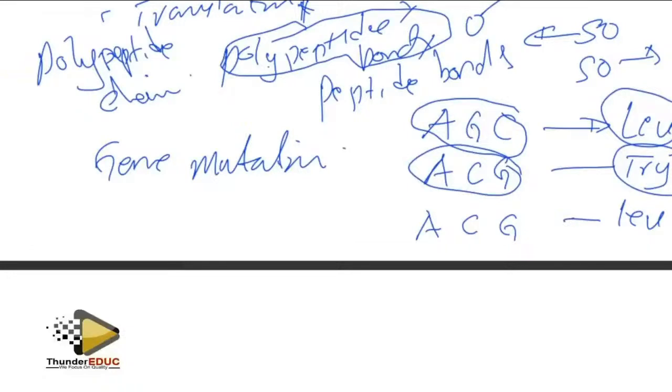So you have to tell us that when AGC is changed to ACG, tryptophan will be added to the polypeptide chain instead of leucine. This leads to a different protein or different functioning of the protein. Mentioning this is a tick, and mentioning a different protein is another tick, because this question is always 3 marks.